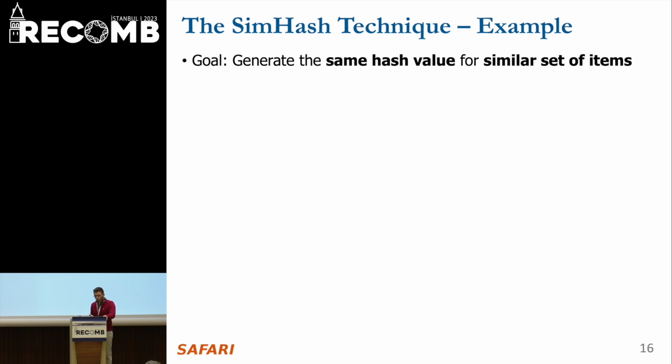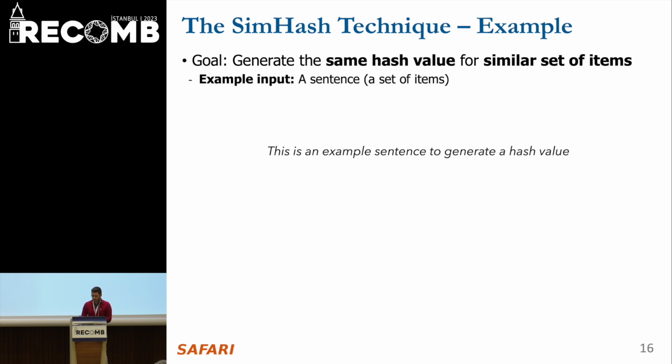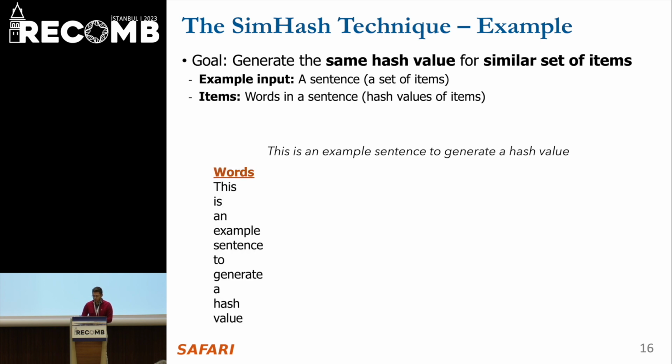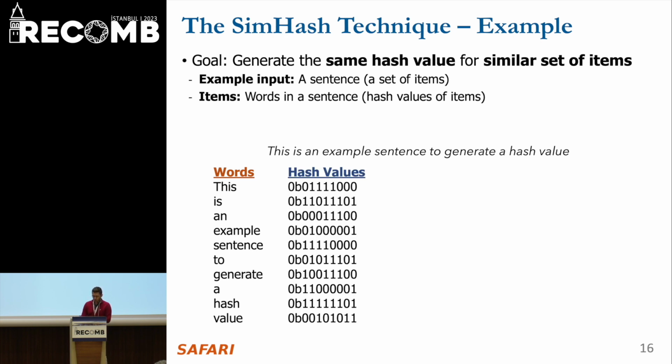So let me quickly go over the SimHash technique based on an example to generate the same hash values for a similar set of items. This is an example input that SimHash can take as a set of items. Here the entire sentence is the set, and the items of this set are the words in the sentence. SimHash can generate a single hash value for the entire set using the hash values of the items.